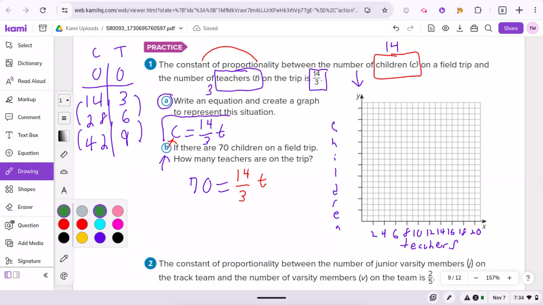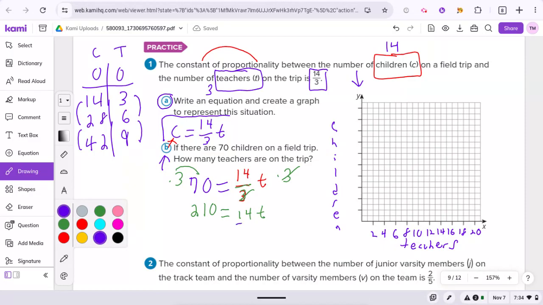So I'll start with getting rid of the 3 on the bottom of the fraction. So 14 over 3, I would multiply by 3 over here, multiply by 3 on this side. These 3's cancel. You'd end up with 14t over here. Then on the left side, you have 3 times 70. That would be 210.